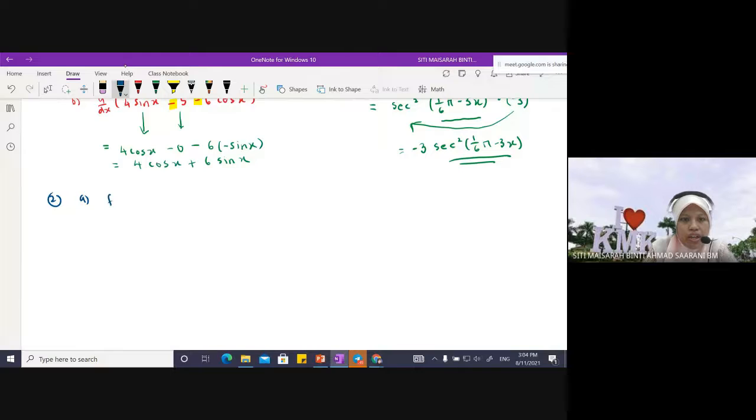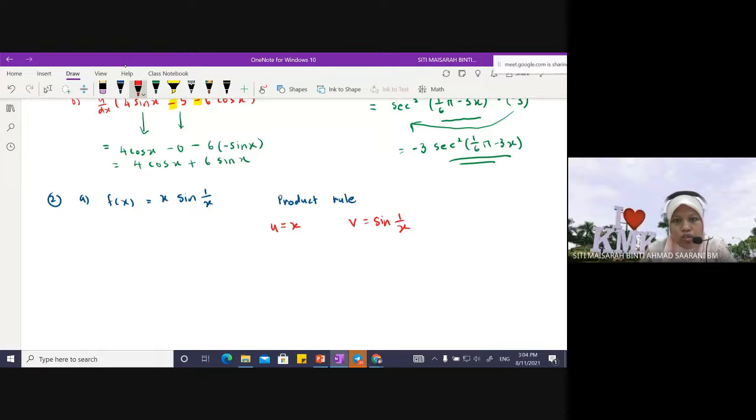Function f(x) equals to x sine 1 over x. Okay. So ini kita apply product rule. So let u is equal to x and v equals to sine 1 over x.